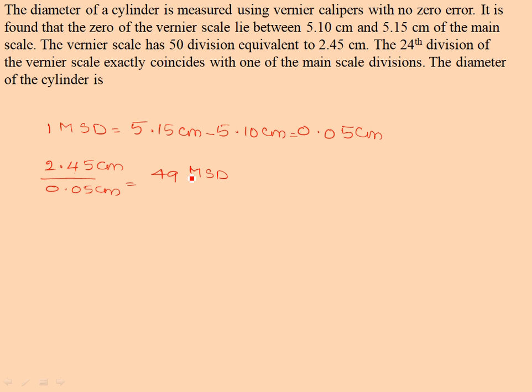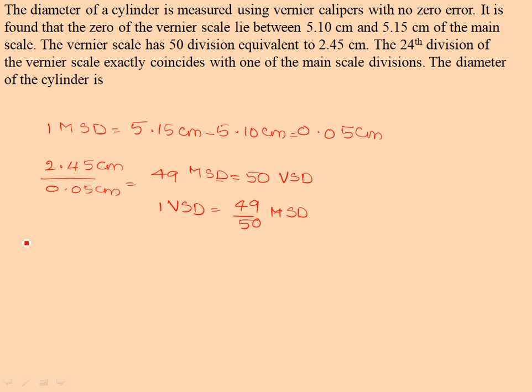This 49 MSD is equal to 50 VSD as per the question, that is vernier scale divisions. So 1 VSD value, that will be equal to 49 by 50 MSD.